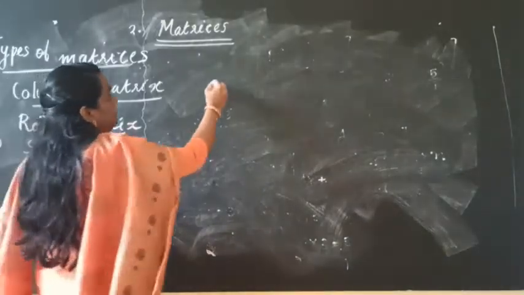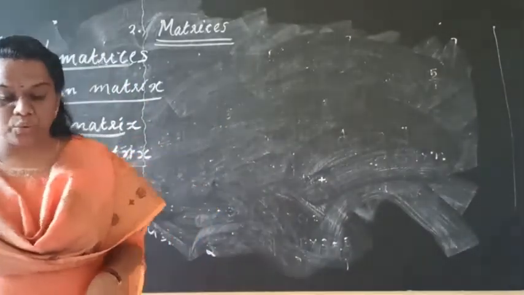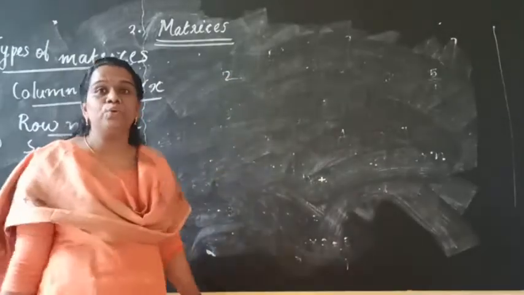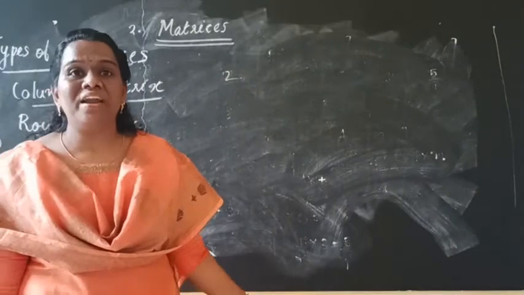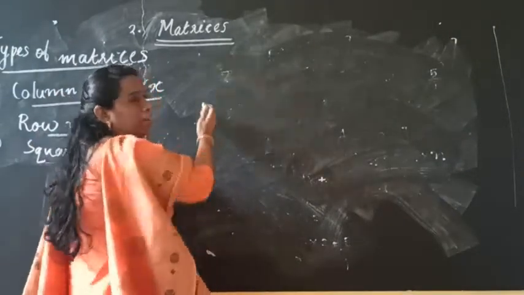So, we can write a square matrix of order 2. We are simply saying order 2. Order 2 means it is a 2 by 2 matrix. Order 3 means it is a 3 by 3 matrix.